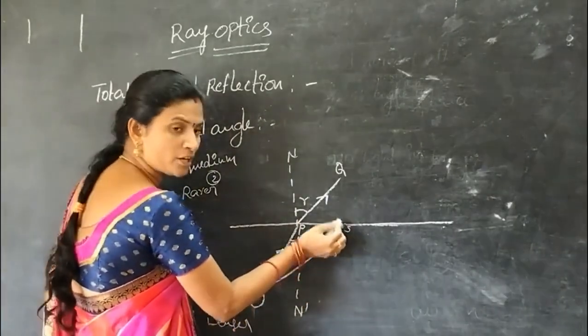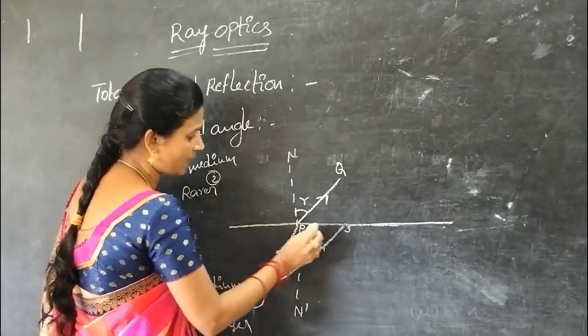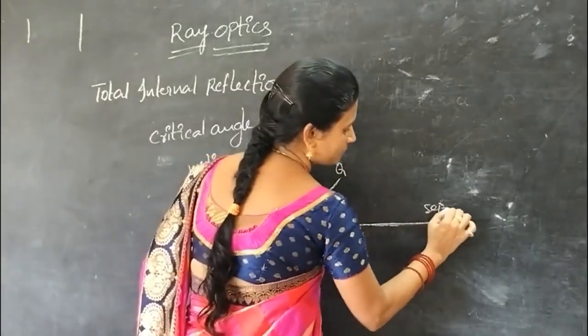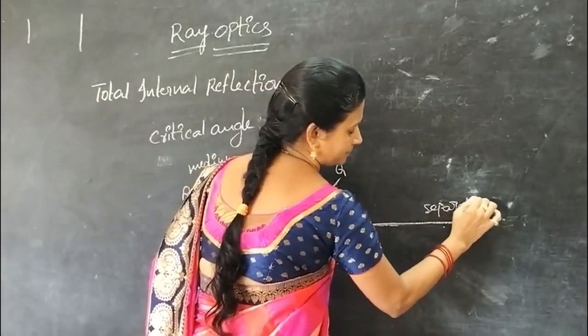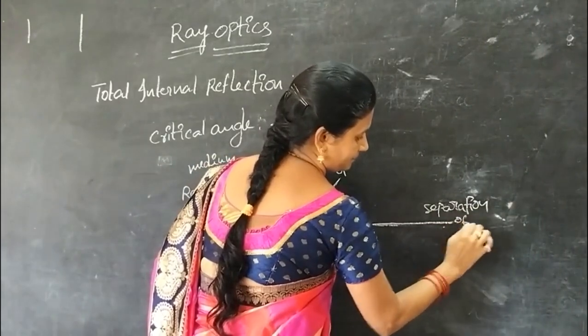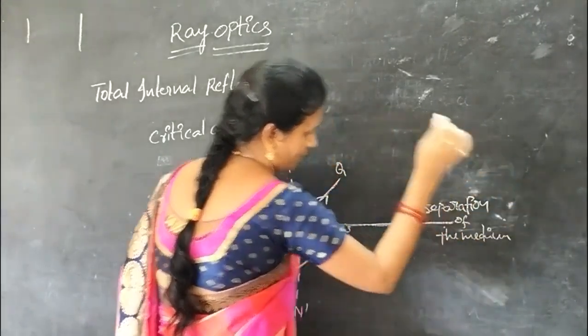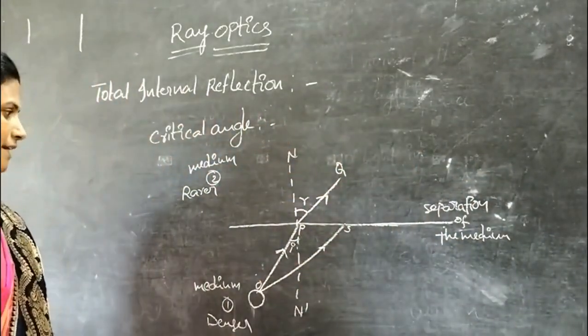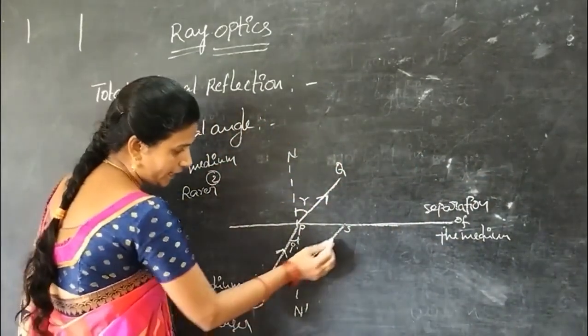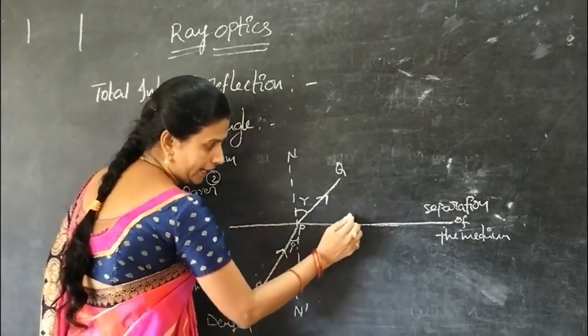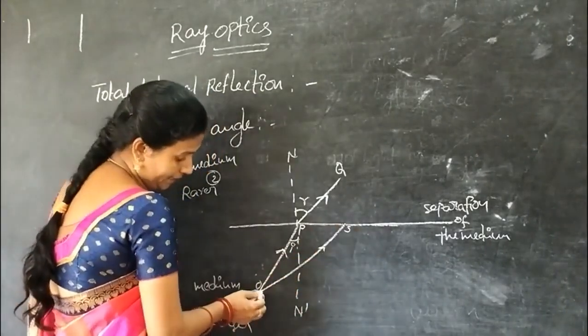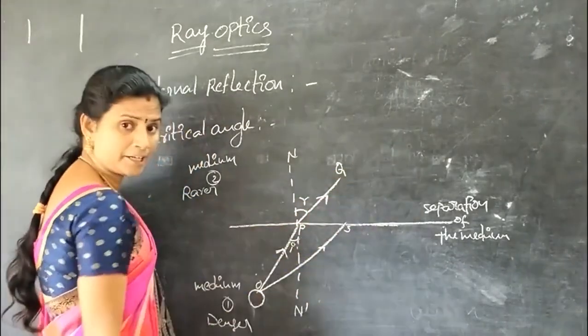So this is the separation of the medium. Here again the light ray travels from denser medium to rarer medium.